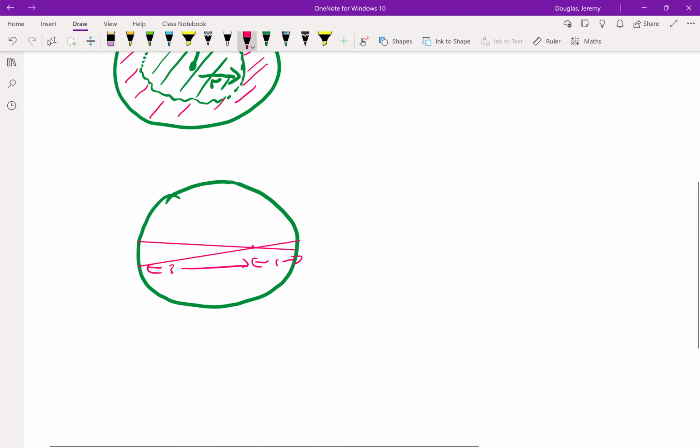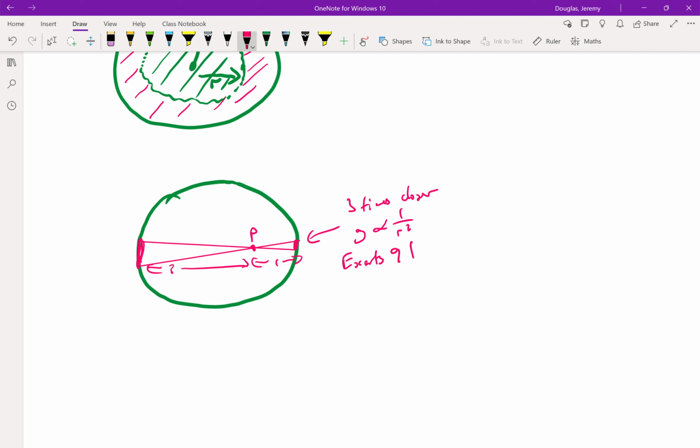Then if we take this there, let's think of that little mass there. Well, it's 3 times closer to the point here, P, than this mass here. It's 3 times closer. So since g is proportional to 1 over r squared, it exerts 9 times more field strength.